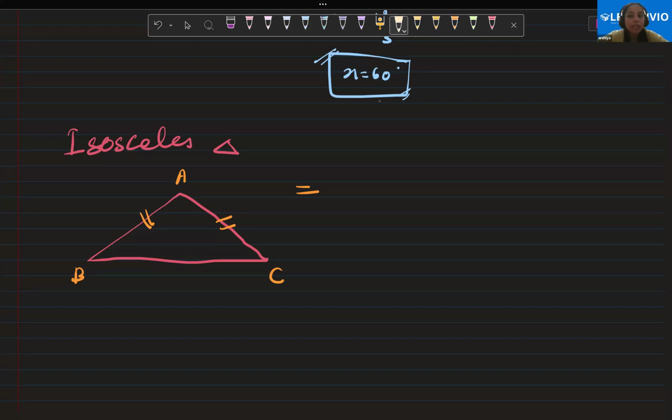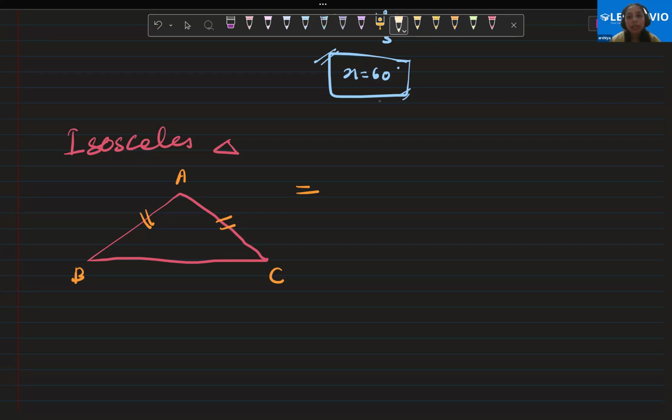But what happens when the sides are equal? So what happened when the equilateral triangle had the same sides? What happened to the angles?